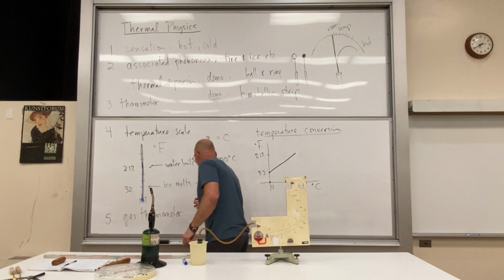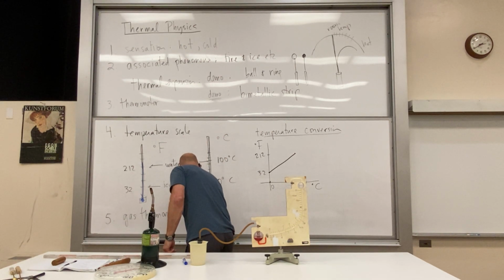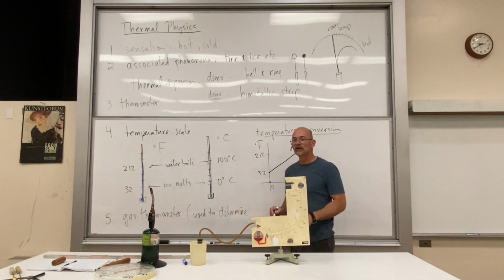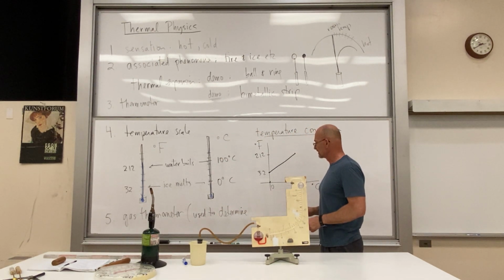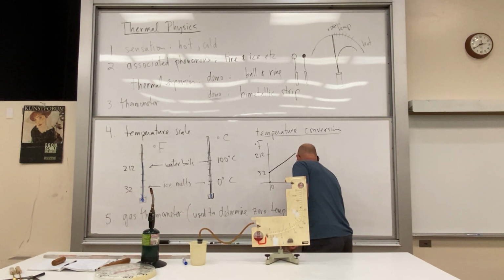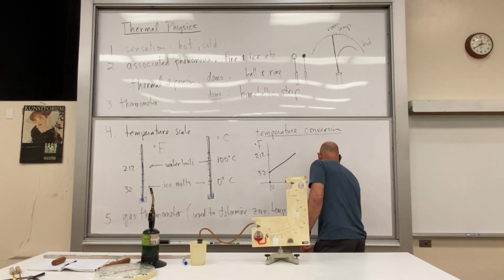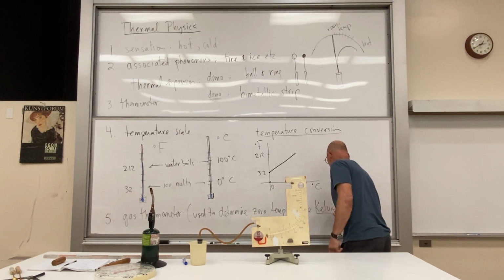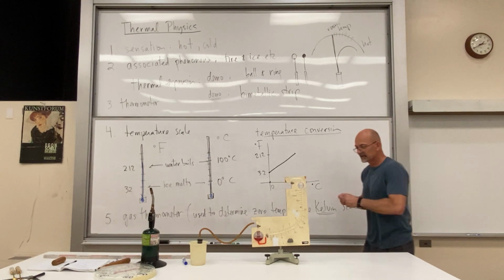Gas thermometer, and here I'm just going to put a hint: used to determine absolute zero, to determine zero temperature on the Kelvin scale. Kelvin scale. Okay, let's put this away.